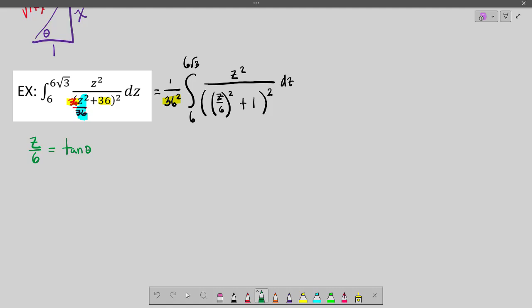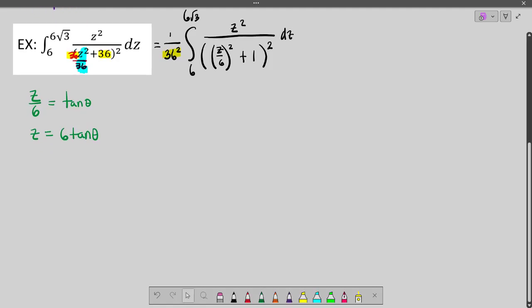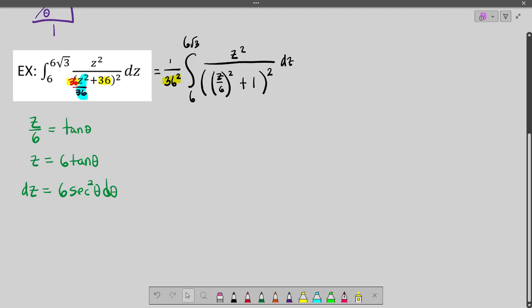We take the derivative of both sides, or if you want to get rid of the fraction before you take the derivative, if that's easier, whatever works for you. Then we take the derivative of both sides. Derivative of tangent is secant squared of theta. So that is our substitution setup.